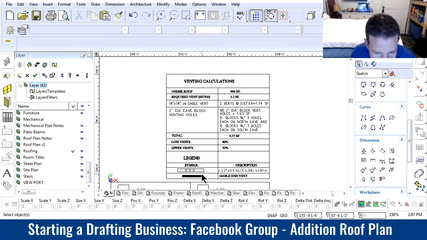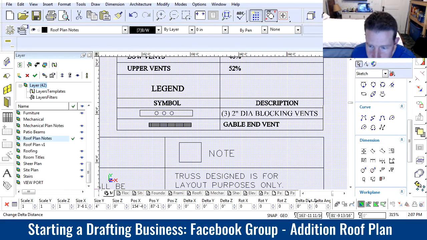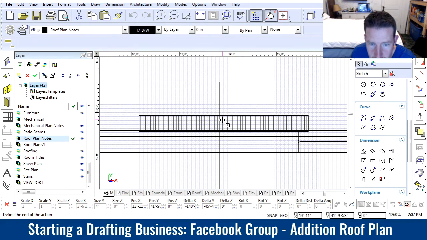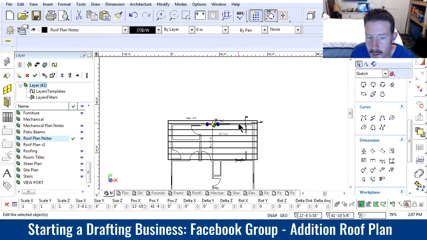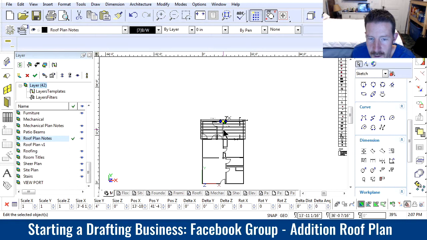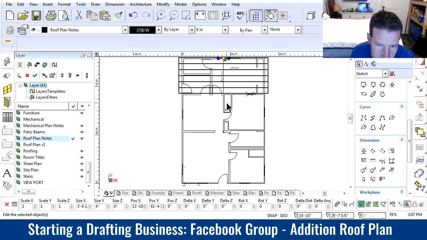This reminds me though that we need to put venting in. I'm just going to put a gable vent in. So I'm going to copy that right here. And this vent, this is interesting because there's already a vent in here that's going to now vent into this attic.